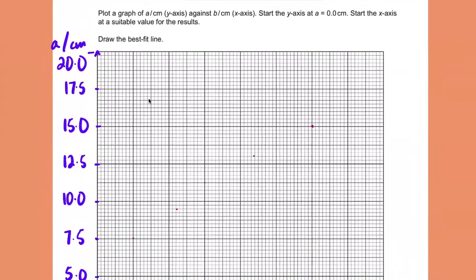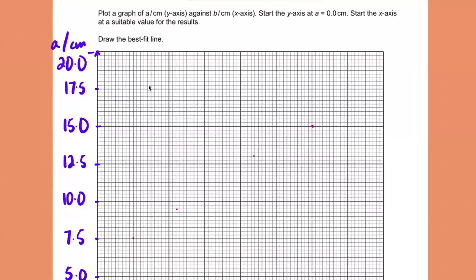So regardless of what the examiner says, always use your own common sense and see whether the points are on a curve or on a line. Obviously, there can't be three anomalous points when we're talking about a line. There has to be only one in the worst case, which is almost never going to happen.